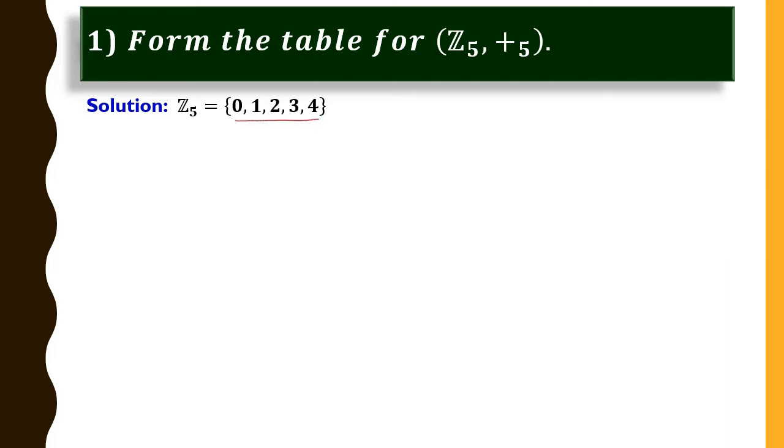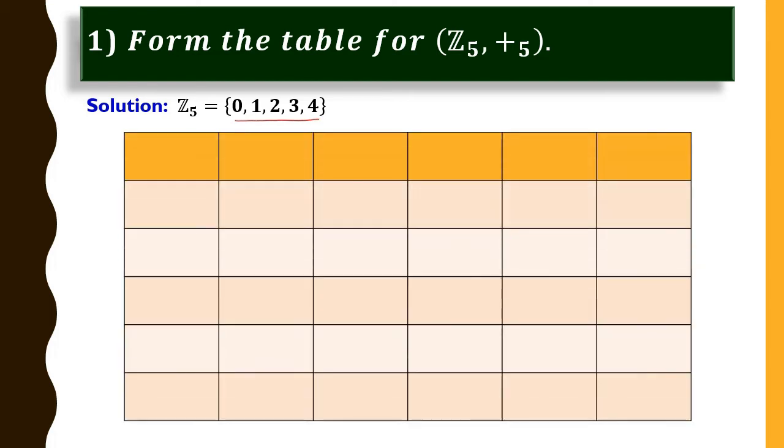Now we shall write the table for this set under the binary operation addition modulo 5. So you draw the table like this. In the left top corner, you should always write the given binary operation. The given binary operation is addition modulo 5, therefore I write addition modulo 5 here.